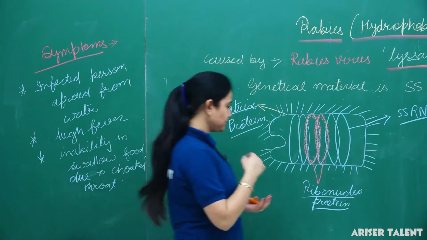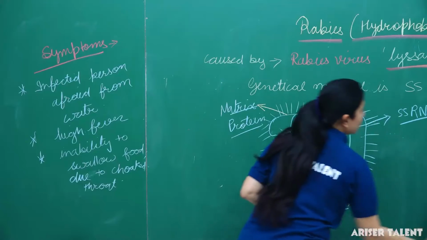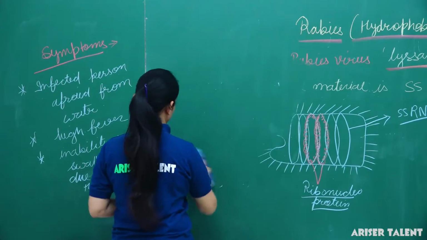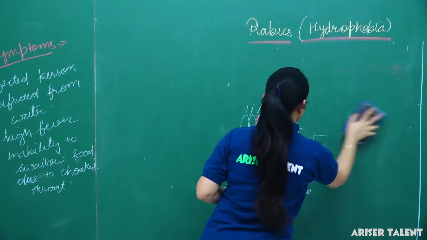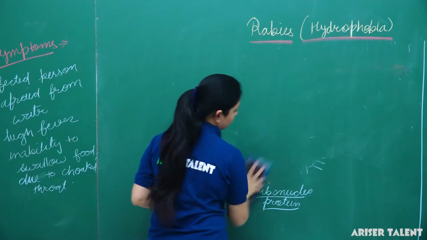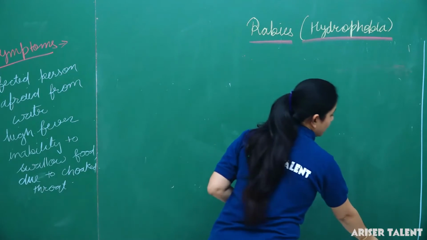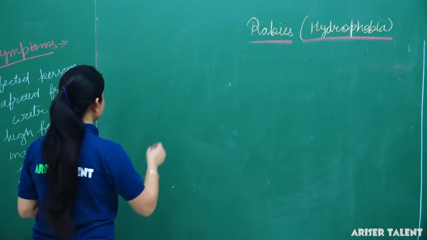Now, what are the preventions? If we talk about prevention, then whatever animals we keep at home, like cats and dogs, should be vaccinated.